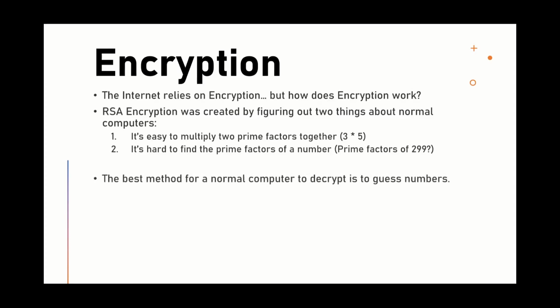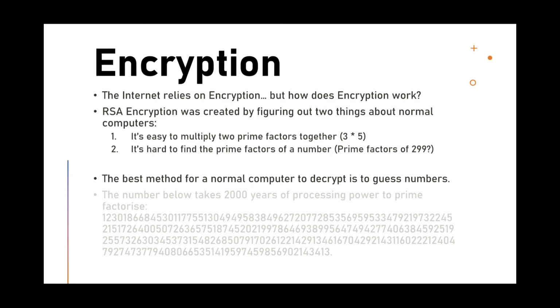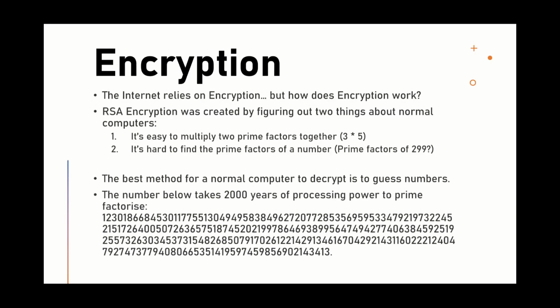Now, our current best method for classical computers to break decryption is just to guess random numbers. So, for example, the number below takes 2,000 years of processing power to find the prime factors of. And these numbers would be used in RSA encryption.